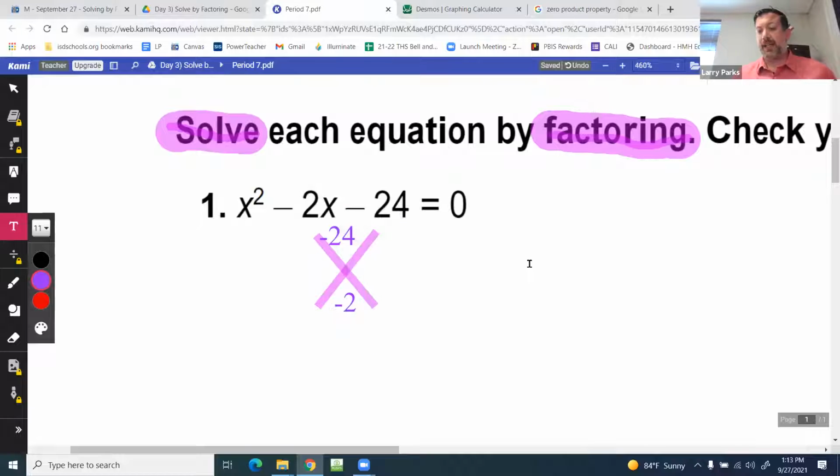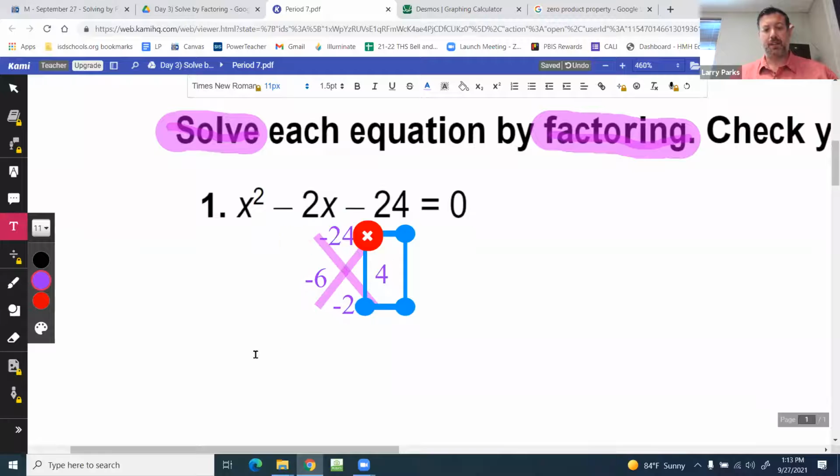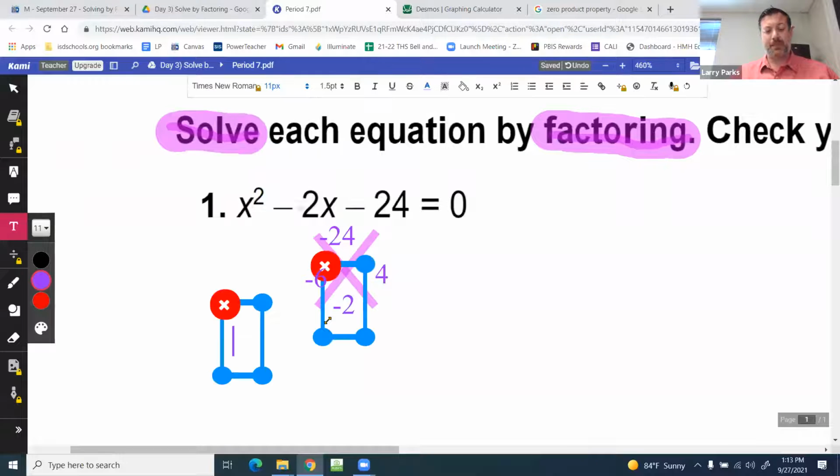Now we went through that last week how to factor, but those 2 special numbers, doing it in my head real fast, would be negative 6 and 4. So remember, we learned this last week. I put x minus 6, x minus 4.